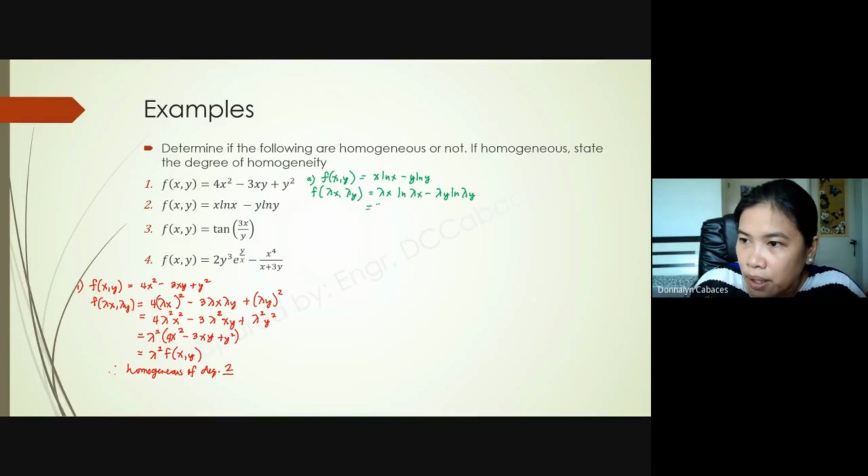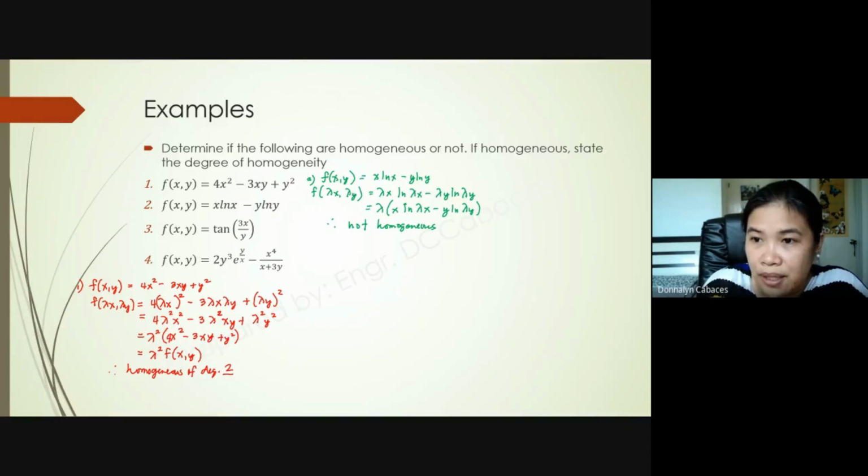So we can factor out lambda times x ln of lambda x minus y ln of lambda y. Can we still factor this out or simplify this one to make it x ln x minus y ln y? So if not, then therefore, this is not homogeneous because we cannot express the function of lambda x and lambda y in terms of lambda to the k times the original function of x and y.